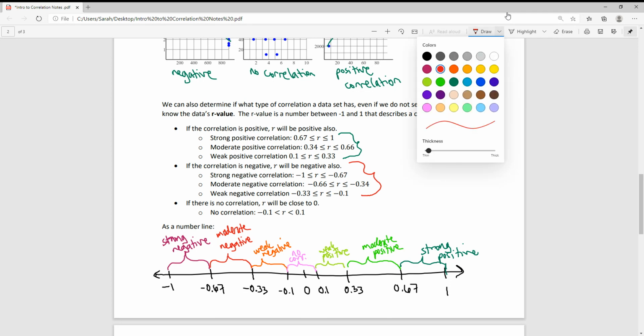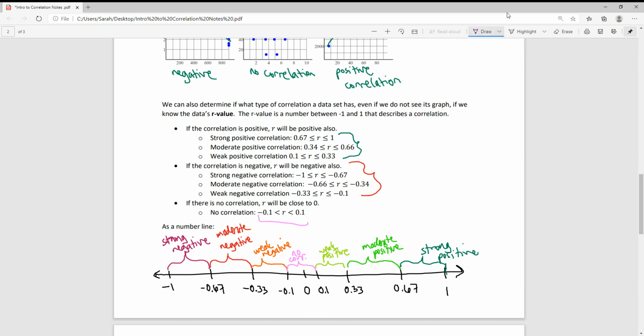If you have no correlation, so remember those points that you couldn't tell if it was positive or negative, it's going to be somewhere in here. And those are the values that are closest to 0. R equals 0 exactly would be a perfect no correlation. Anything that's between -0.1 and +0.1 is also pretty close to 0. So we would consider those to be no correlations also.